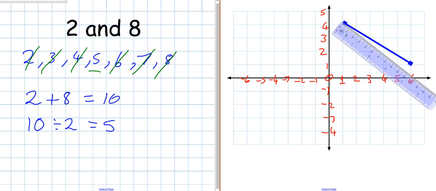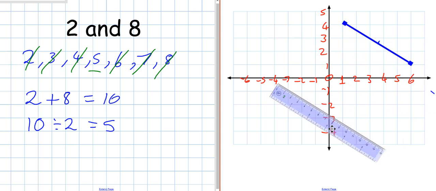This is a strategy, however, it's not necessarily the most effective because you can be inaccurate when you measure the line, and when you get a decimal or a fraction halfway between two numbers, it can be quite hard to read and be precise about your measurement.